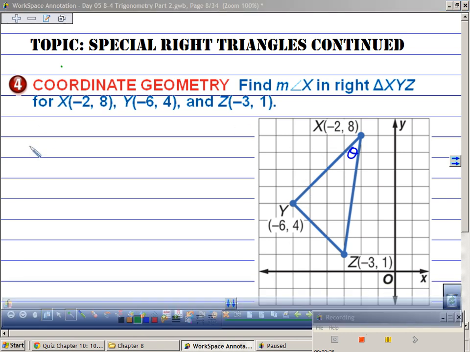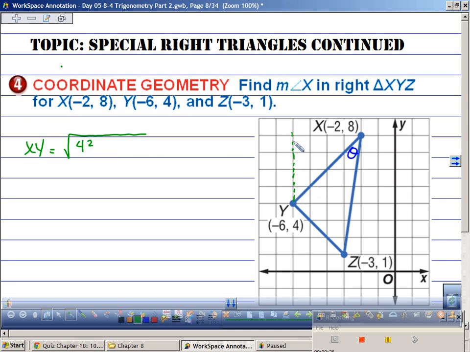Okay, so in order to find the distance of XY, I'm going to use the shortened version of the distance formula. Let's talk about how far I have to rise. Well, if this is my y-coordinate and this is my y-coordinate, how far is it from 4 to 8? 4. 1, 2, 3, 4.